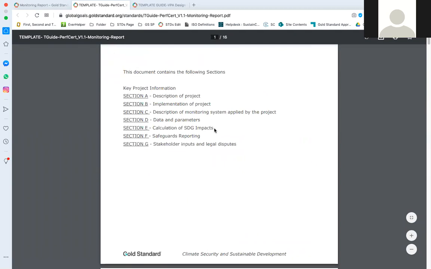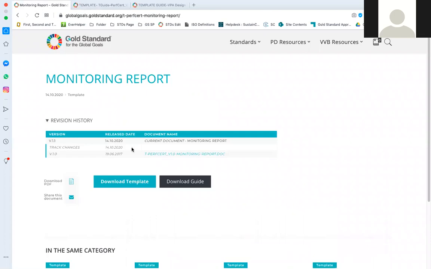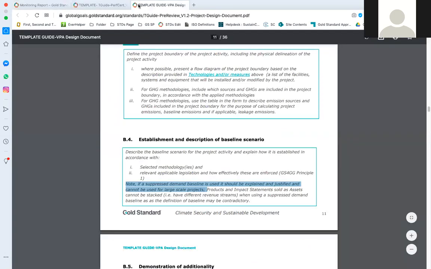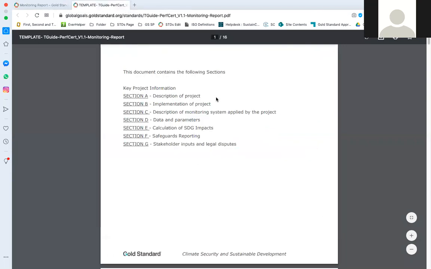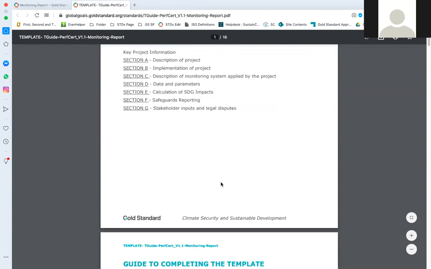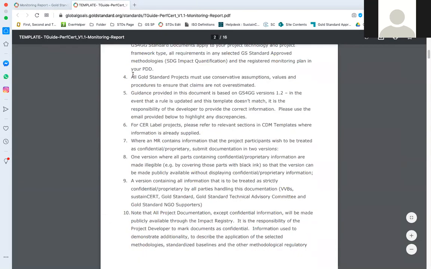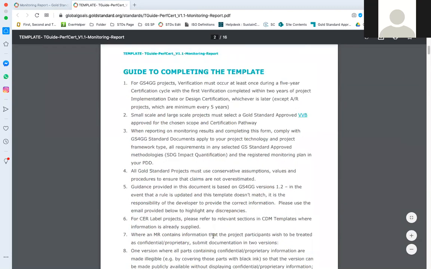I'll try and highlight the key points so you understand what changes we've made. Just to let you know as well, there is a revision history for all of these documents. There is a track change version available. If it's not there, it will be put there very soon. So this is the monitoring report guide. So, main changes. There was a large section talking about verification deadlines.